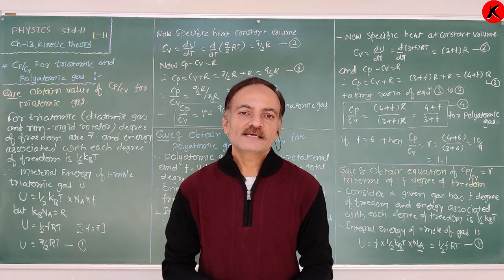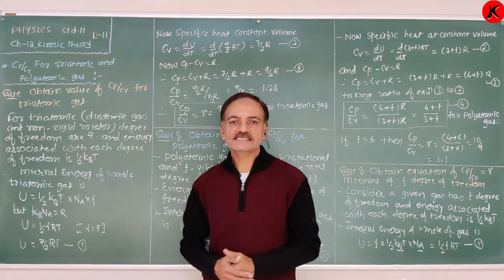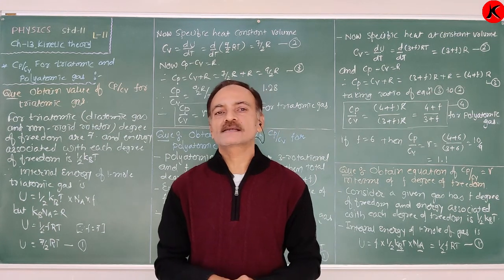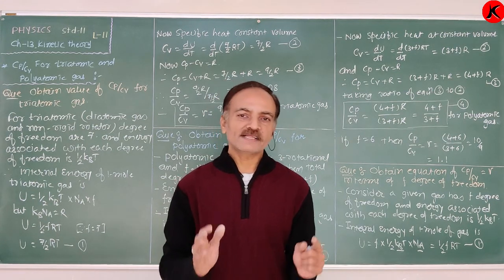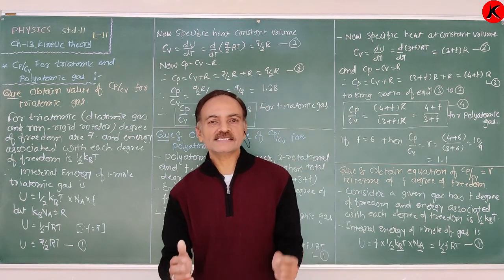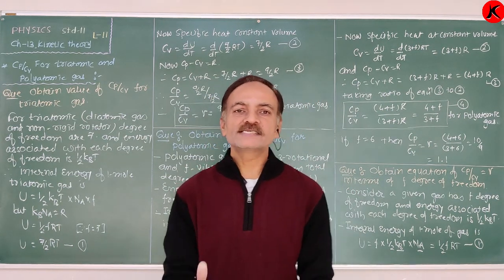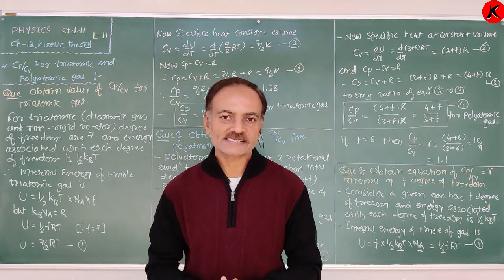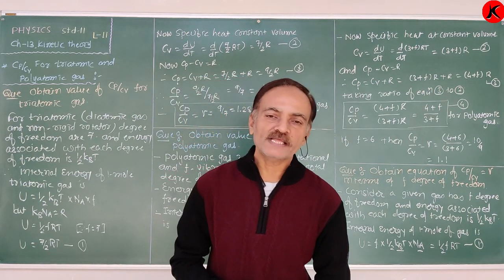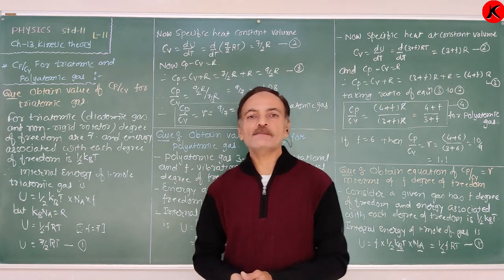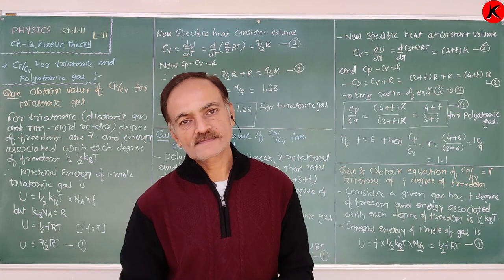After that, if the diatomic gas molecule is made up of two atoms, but the distance between these two atoms is not fixed, that means the diatomic gas with non-rigid rotator, that is also known as the triatomic gas. So how do we obtain the ratio of Cp upon Cv for triatomic and polyatomic gas?